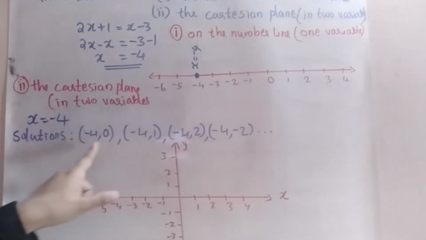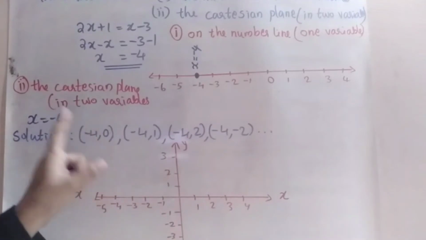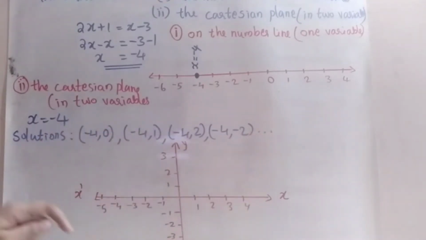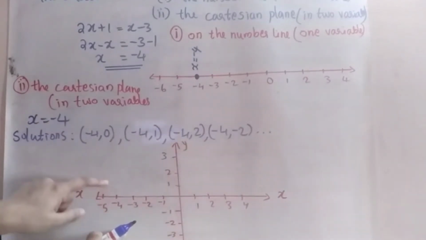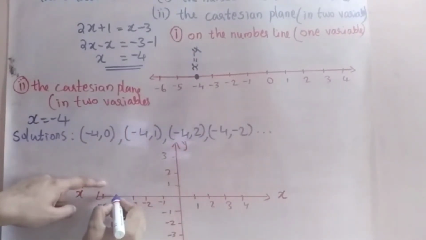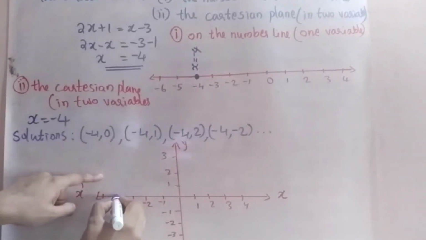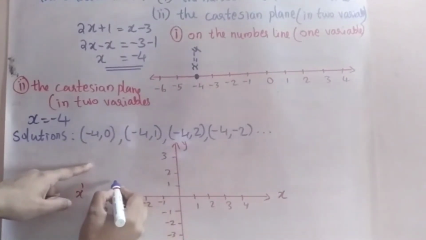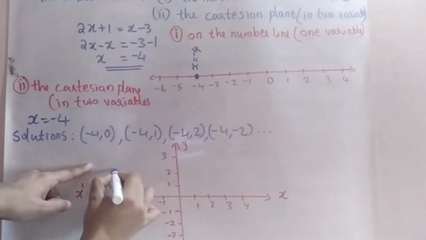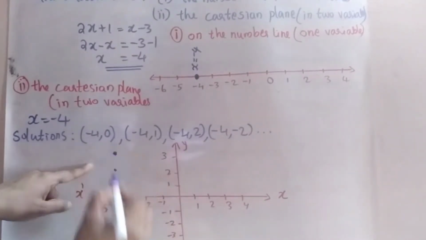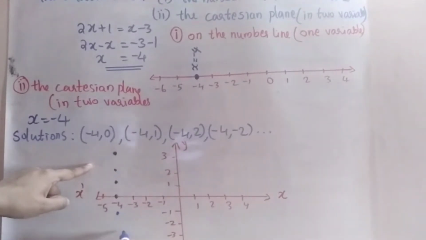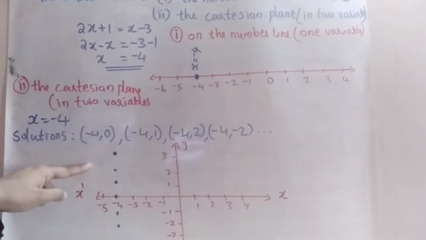In all these conditions x equal to minus 4 remains constant and the y value varies. So minus 4, 0 is this point, then minus 4, 1 this point, minus 4, 2 this point, minus 4, 3 this point, minus 4, minus 1 this point, minus 4, minus 2 this point.